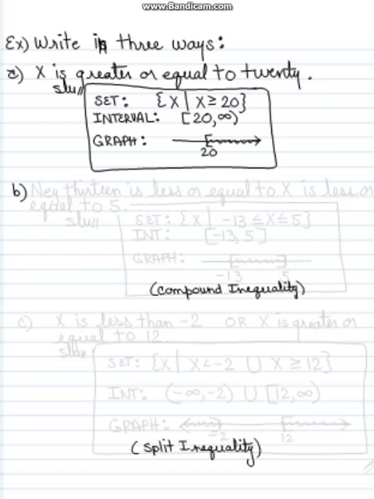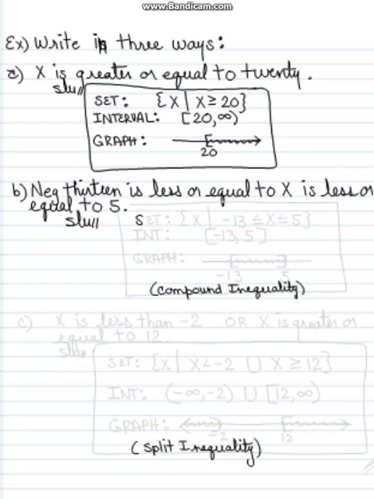We are going to take negative 13 is less than or equal to x is less than or equal to 5. Okay, so we've got the x in the middle, and some numbers on the left and right. Set notation: curly set bracket, all real numbers x, then the bar that means such that.